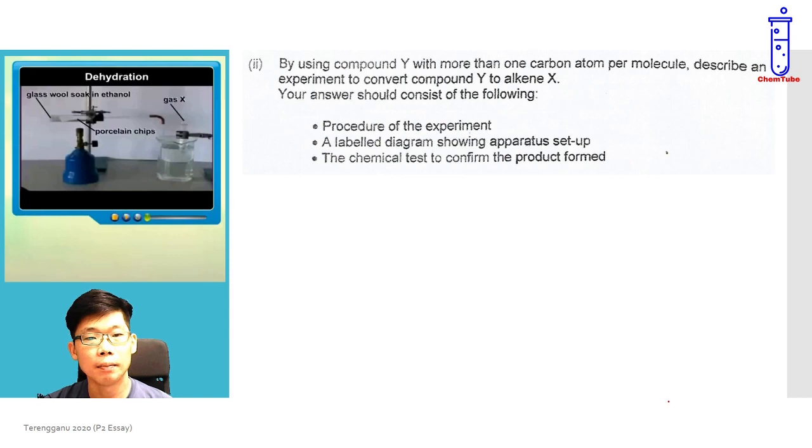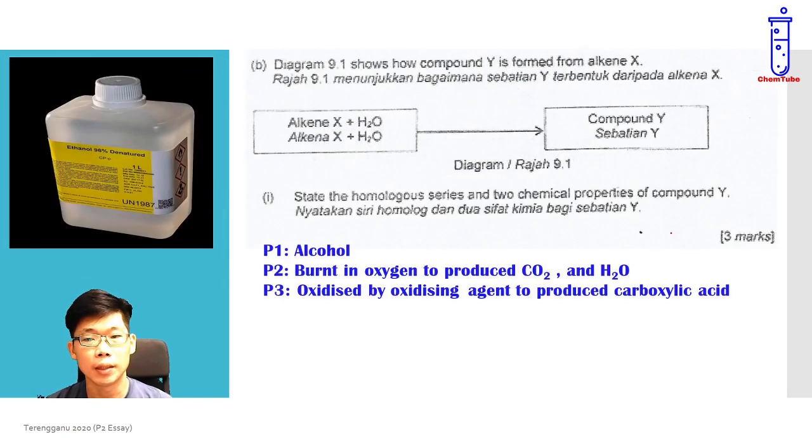By using a compound Y with more than 1 carbon atom per molecule, describe an experiment to convert the compound Y to alkene X. So actually, this means converting back. Just now the process from alkene with water is the hydration process.